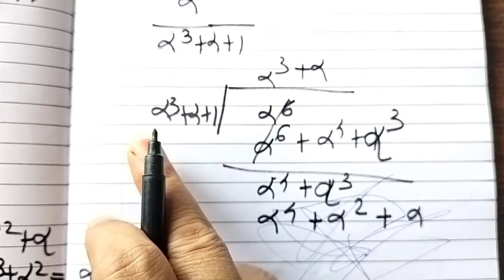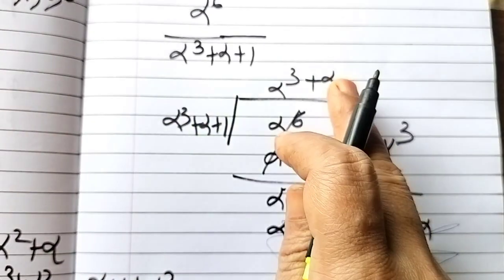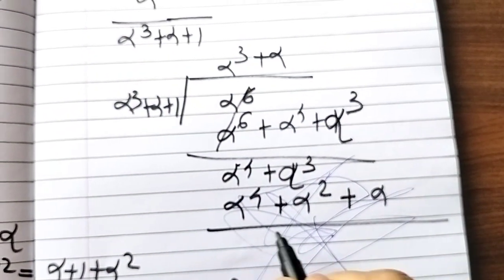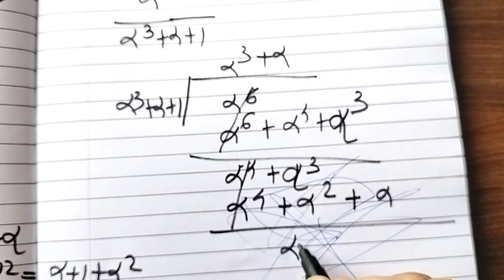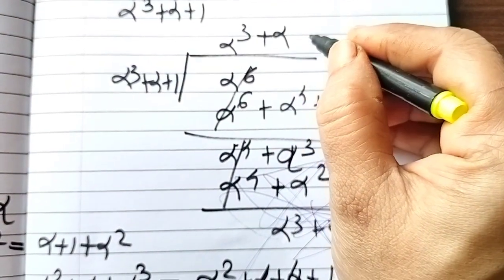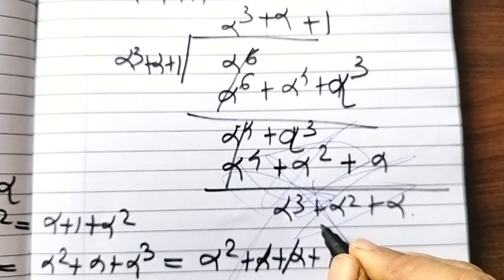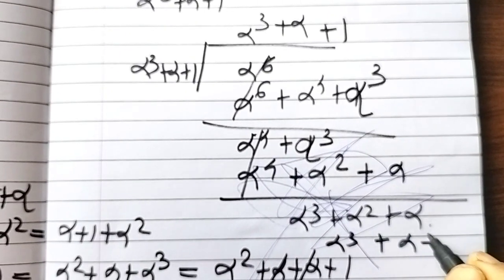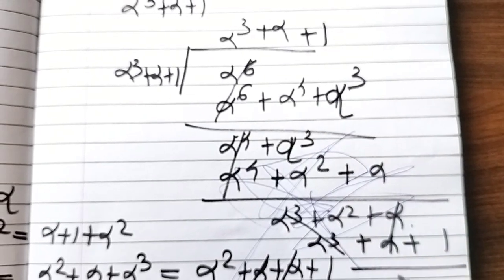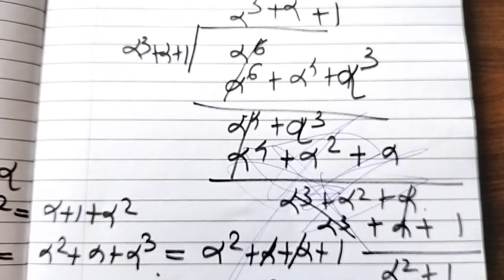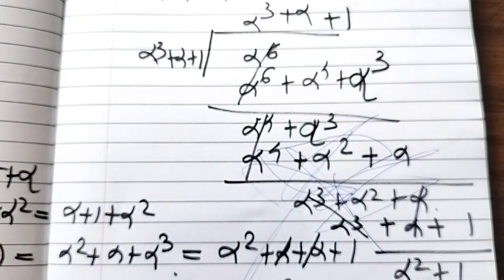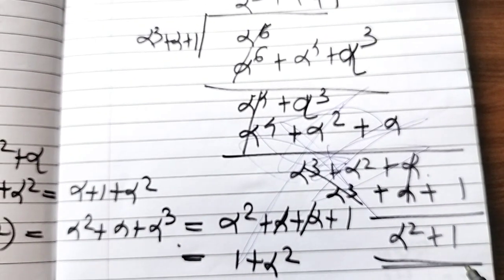So alpha raised to 4 cancels, leaving alpha cube plus alpha square plus alpha. Again the quotient term will be 1, which gives alpha cube plus alpha plus 1. So this will be cancelled out and this will be cancelled out. The remainder will be alpha square plus 1. Why is the remainder alpha square plus 1? Because 2 is less than 3, here you stop. So you got the remainder as alpha square plus 1.